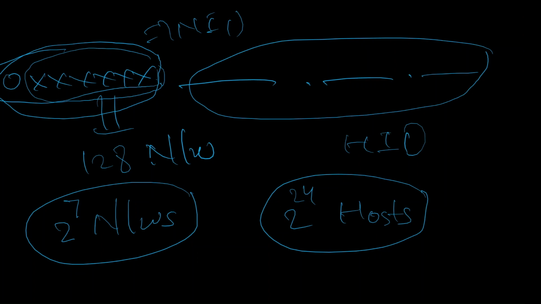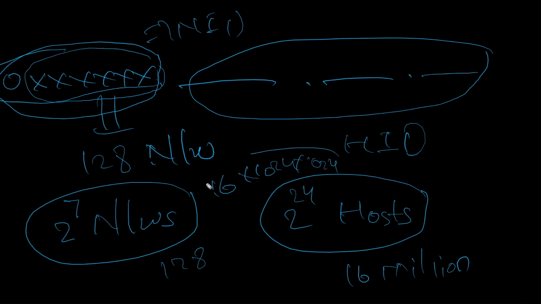So 2 power 7 is 128 networks, and 2 power 24 is approximately 16 million. Since 2 power 10 is 1024, precisely it is 16 into 1024 into 1024 hosts in each network. That's how class A IP addresses are divided.